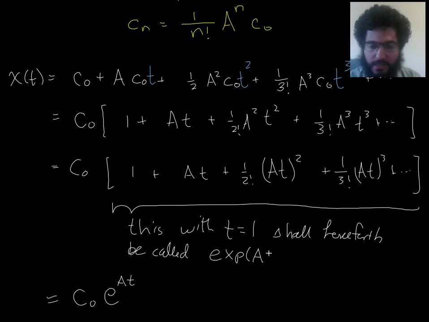Then we can call this, how about I write it like this, maybe this is more natural. We can call this exp a, where exp is the name of a new function that we're inventing. Sorry, exp a, if you plug in t equals 1. So exp a will be 1 plus a plus 1 over 2 factorial a squared plus 1 over 3 factorial a cubed, etc. And then we also define the magic number e to just be the exponential function evaluated at 1. That's all it is.